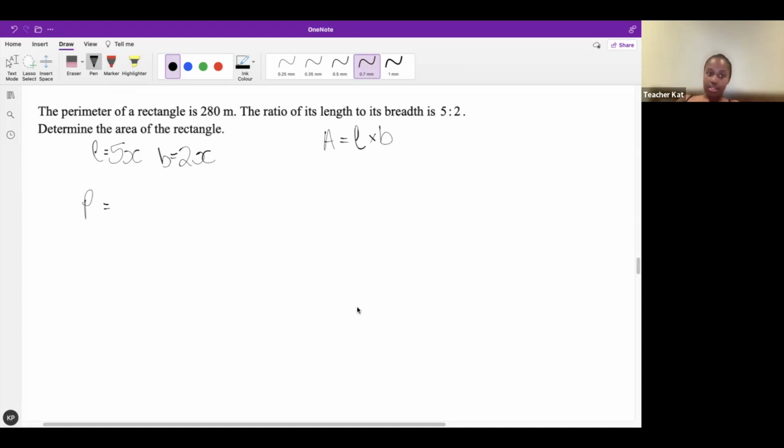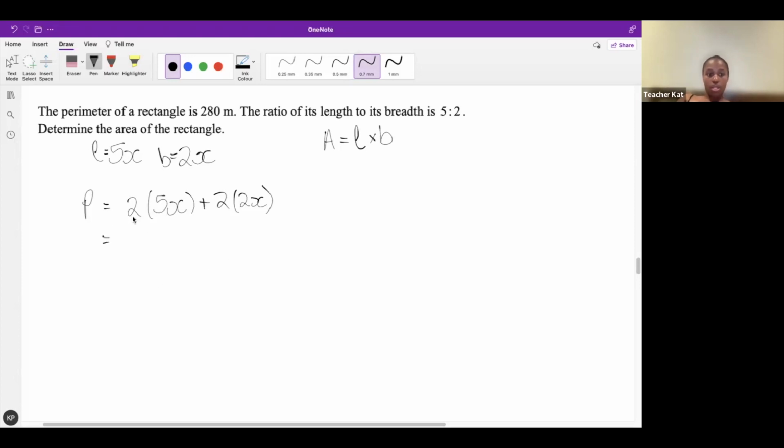Oh, yes, I add all of the sides, but there's how many of each side? Is it just 5x plus 2x? No, there aren't just two sides, guys. Nice, 2 lengths. So it's 2 times 5x plus 2 times the breadth, which is 2x.